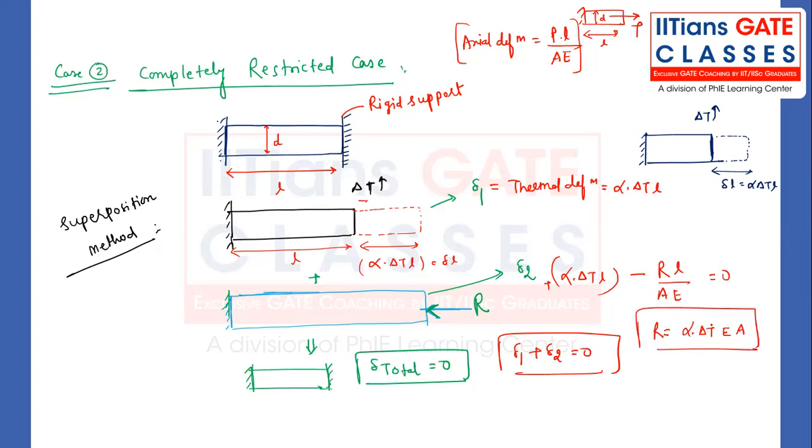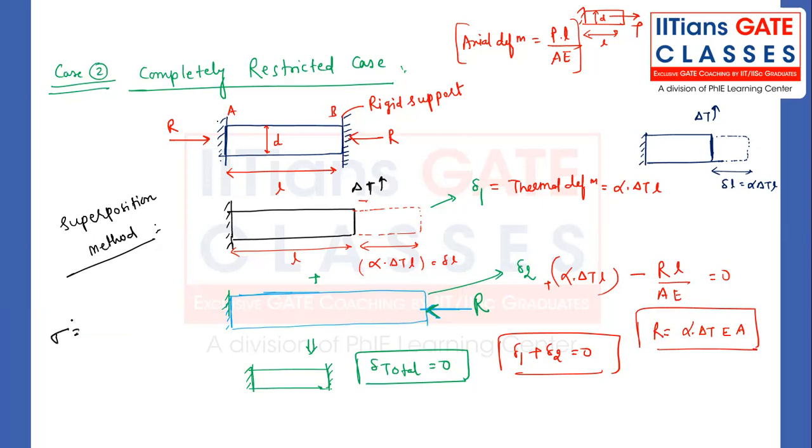Once you have the reaction force, at point A and point B both reaction forces will be the same because there is no intermediate support or intermediate load, right? And everybody knows what stress is.